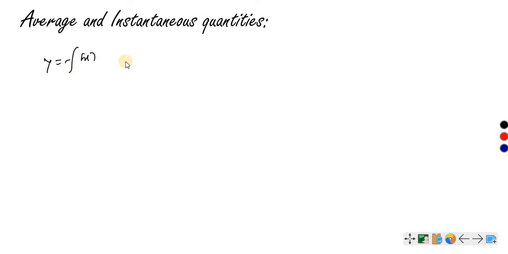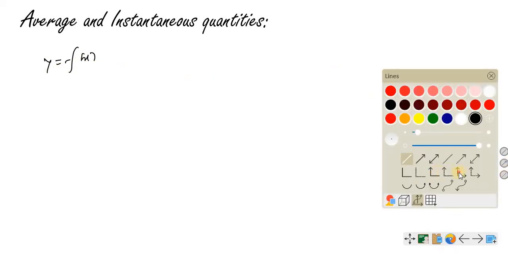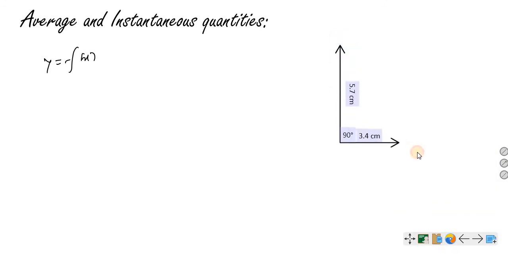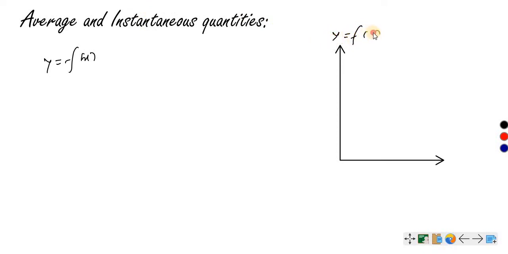This is a simple function which I have written, and let me draw the graph related to this function first. So let this be the x and y axis, okay?